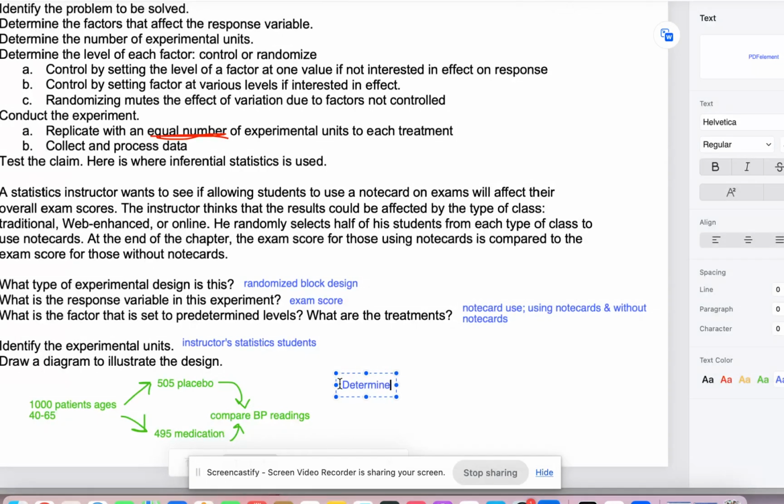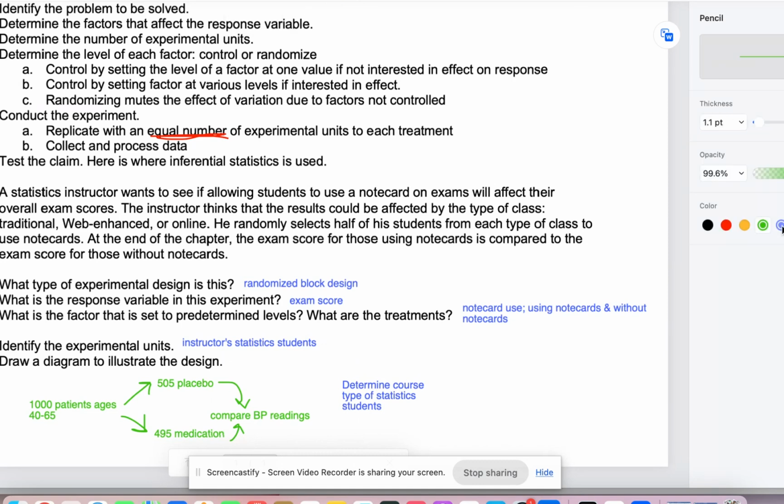So determine course type of statistics student. And again, if we knew how many there were, we would include that, but we don't, so we have to leave it. Once we are set to determine, then we actually have to create those categories.